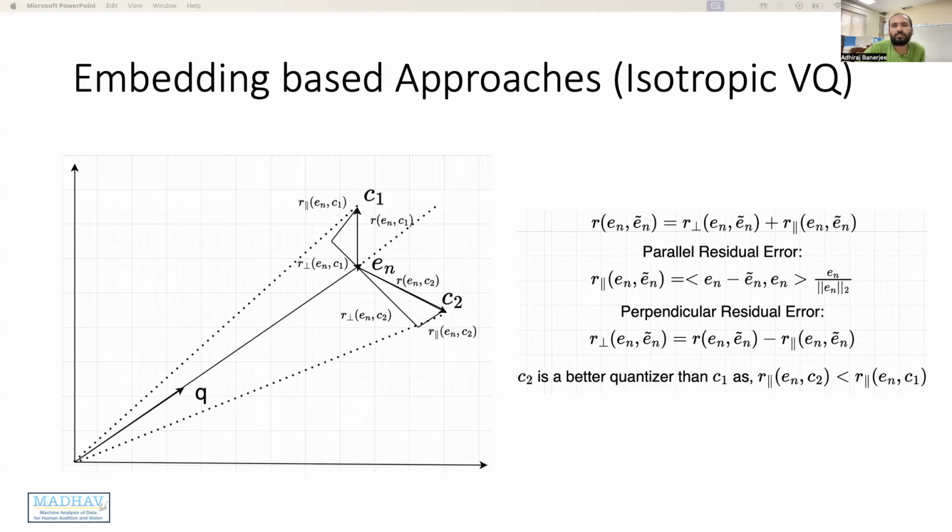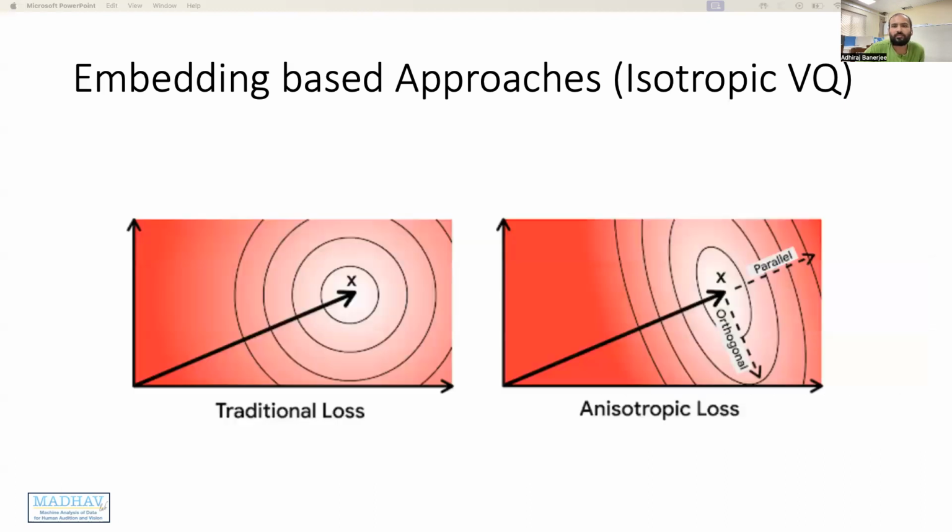We observe that C2 is a better quantizer than C1 in terms of inner product, as the parallel error is lesser in choosing C2 as a quantizer than in choosing C1. As a result, for a given query, it is better for our loss function to put more weightage on the parallel error than the orthogonal error.